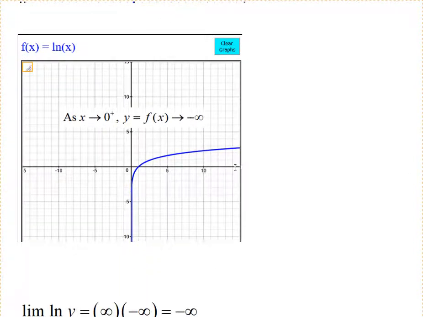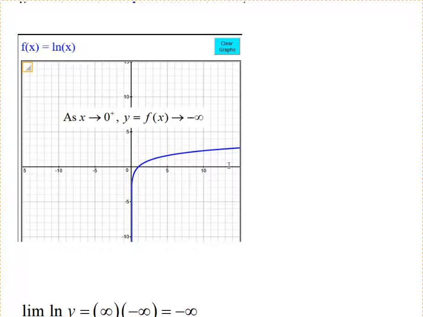So again, I'm starting on the right side and approaching 0 from the right. Approaching 0 from the right, we see that the graph goes infinitely down. So as x approaches 0 from the right, y, or ln of x, will go infinitely down, or negative infinity.